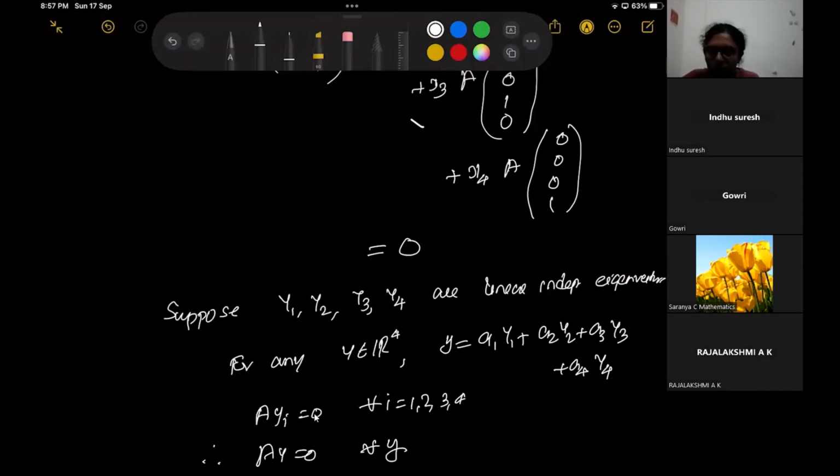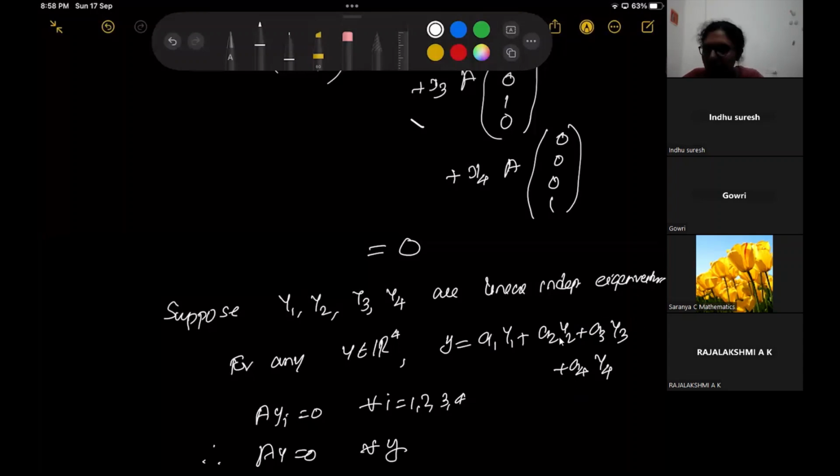y4. Since the yi are eigenvectors, we can say Ayi equal to 0. That means (A minus 0 I) into yi, since yi is the eigenvector corresponding to 0, because 0 is the only eigenvalue. So what will be Ay? Ay equals a1 into Ay1, a2 into Ay2, a3 into Ay3 plus a4 into Ay4.